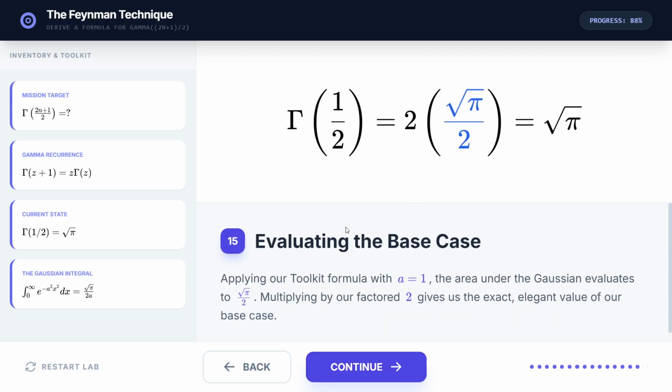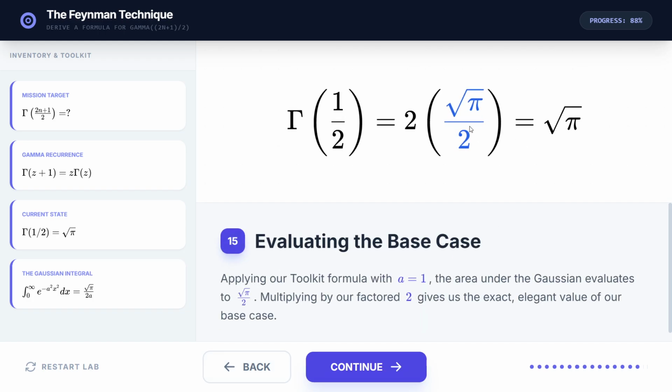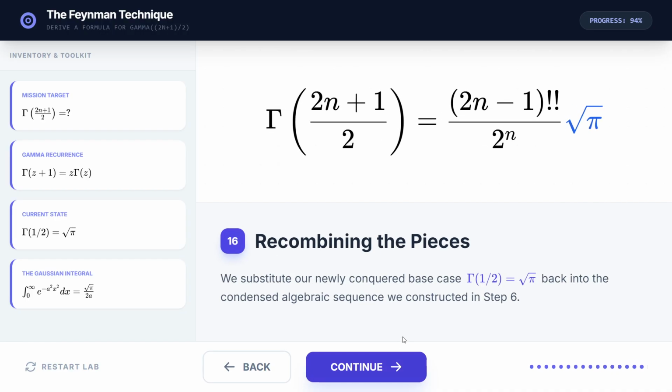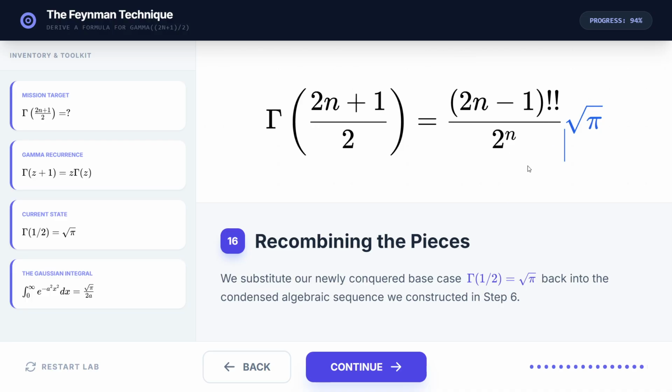So gamma of 1/2 is just equal to square root of pi, because it's 2 times square root of pi over 2, which is just square root of pi. So we have gamma 1/2 is square root of pi. We plug that back into our formula, and this is exactly our formula right here.